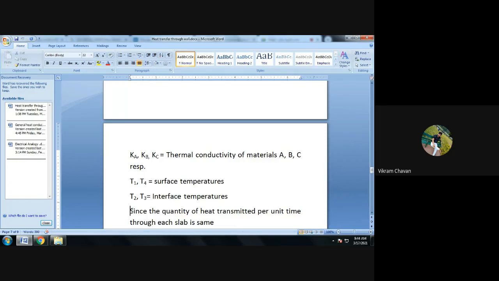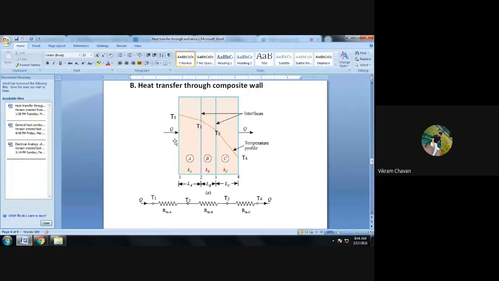The total amount of heat transfer through all the slabs is equal to the heat transfer through each individual slab. Here we are saying that the total amount of heat transfer is Q.